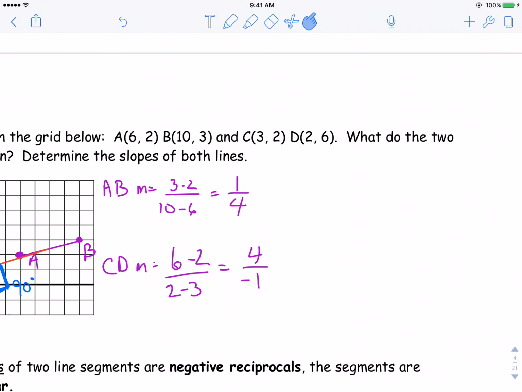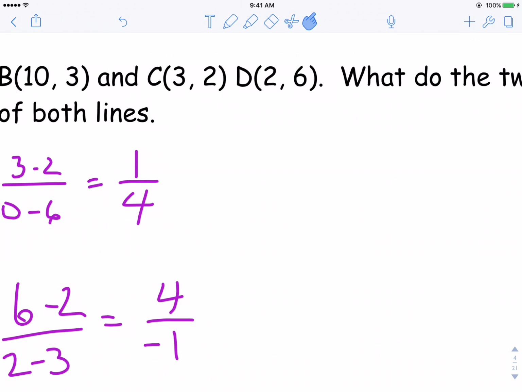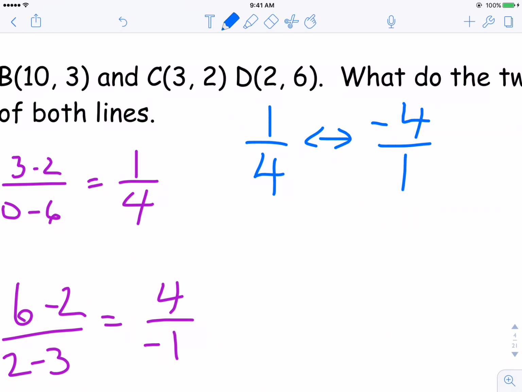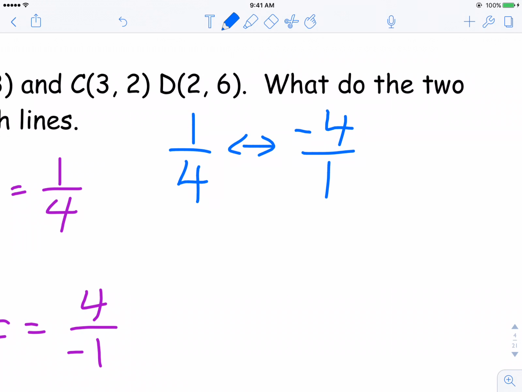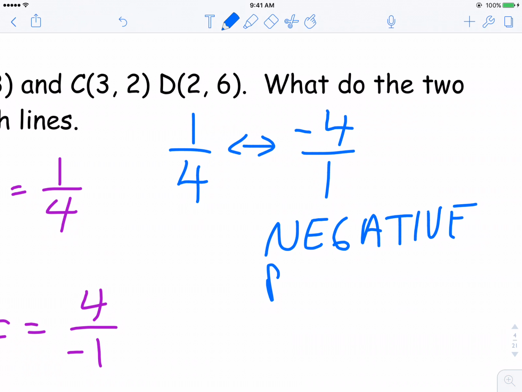If we look at the slopes of the two lines, 1 over 4 and negative 4 over 1, these two fractions have a special relationship. One is the negative reciprocal of the other.